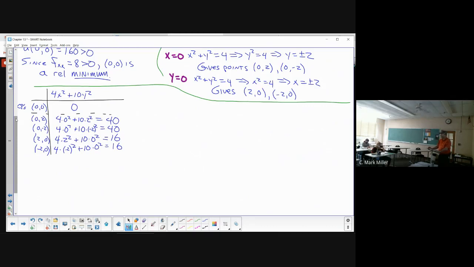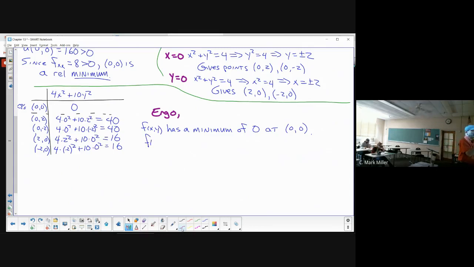Okay. Ergo, what is the max and minimum? F of x y has a minimum of 0 at 0, 0, just like we expected with our eyeball test at the beginning.